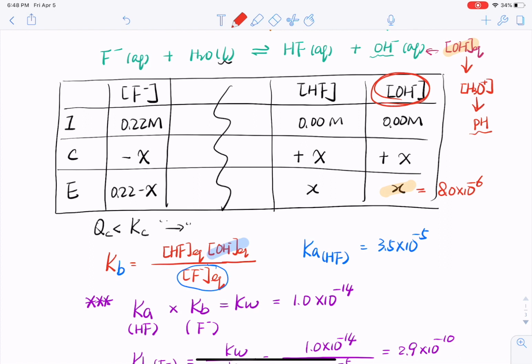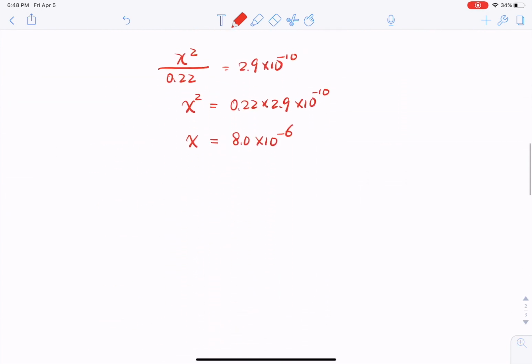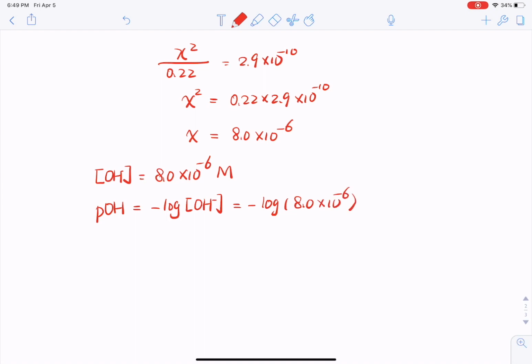Then you go, I want to calculate pH. We already know what to do. There are two ways to solve for it. One way, which is what most people like to do, is to take the OH concentration, 8.0 times 10 to the power negative 6, and go for pOH because that's straightforward. pOH is negative log of the concentration of OH, so negative log of 8.0 times 10 to the power negative 6 gives me around 5.10.